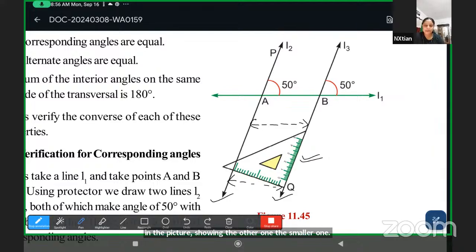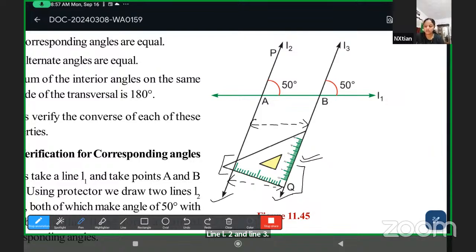The picture is showing the smaller one. Try the smaller one, and with its scale that's mentioned on the set square, measure it and tell me what the distance is. Set squares have a scale given on their sides, so measure from your set square the distance between your line L2 and line L3, here and here.